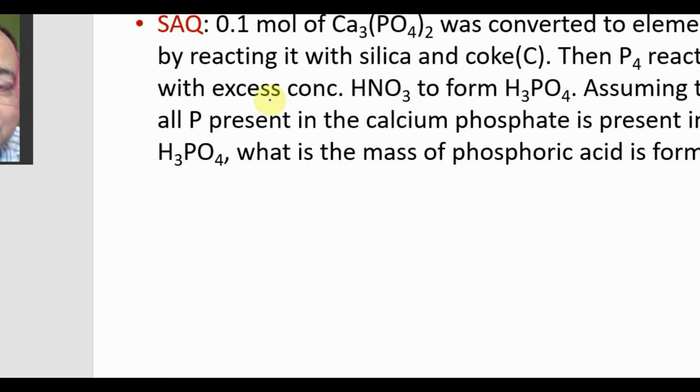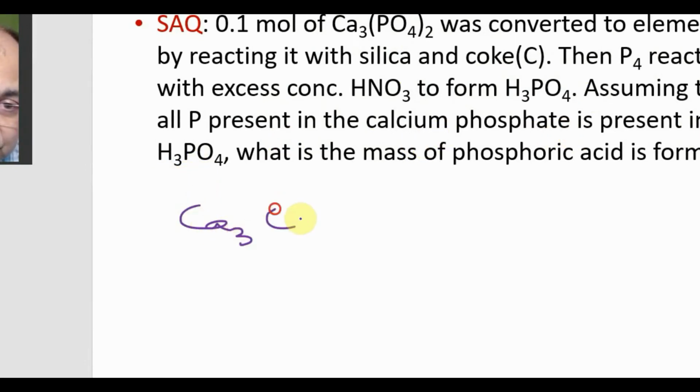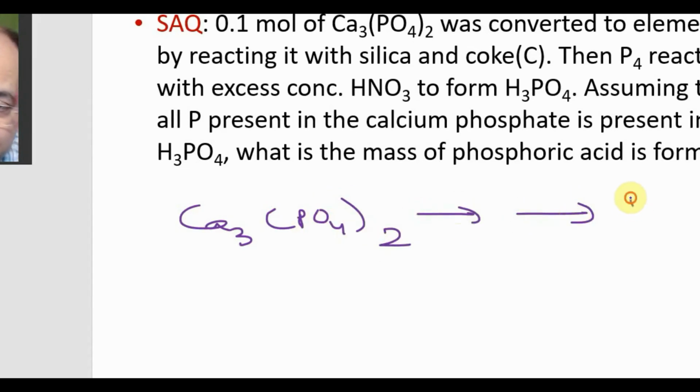Then the phosphorus obtained is further allowed to react with concentrated nitric acid to form phosphoric acid. Assume that all phosphorus present in calcium phosphate is also present in phosphoric acid, the final product. So calcium phosphate is the starting material, and the final product is H3PO4, where phosphorus is percolated throughout.